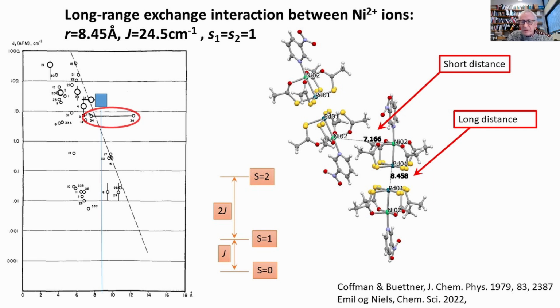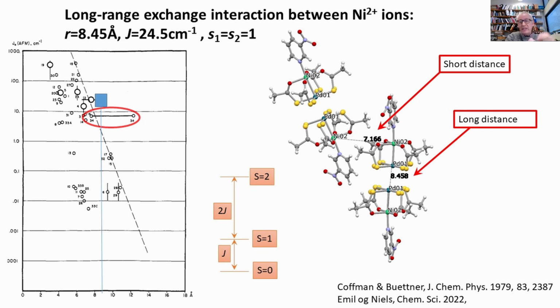And from susceptibility measurements, they were able to determine a J value of 24 wave numbers. And the energy level diagram is shown here in the center. It should have an S equals 0 ground state, and with an S equal 1 at 24 wave numbers.